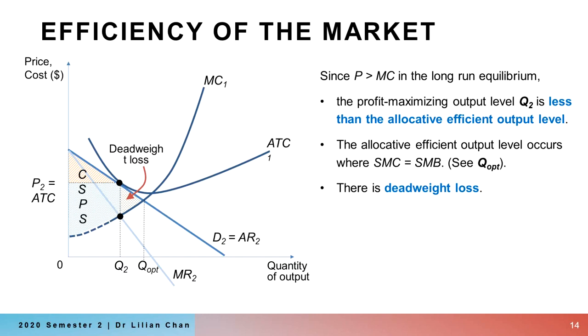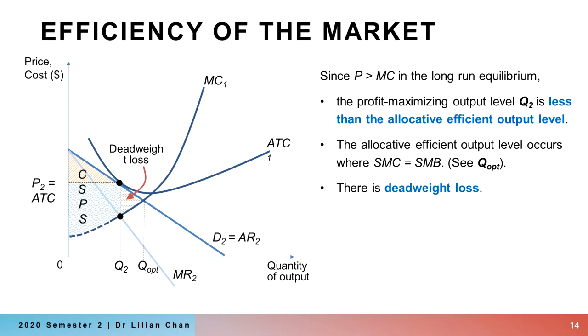So in this case, the efficient output level, the optimal output level, that indicates that resources are allocated efficiently is Q opt. That is where social marginal cost given by the MC curve is equal to the social marginal benefit given by the demand curve. So where the demand curve intersects the MC curve, that is the point that indicates the optimum output level.